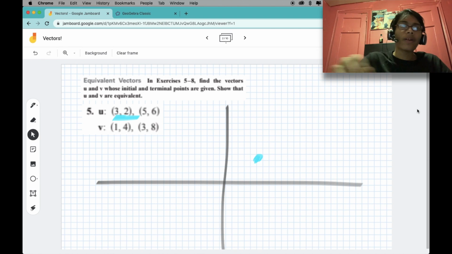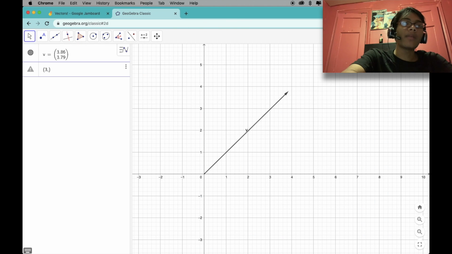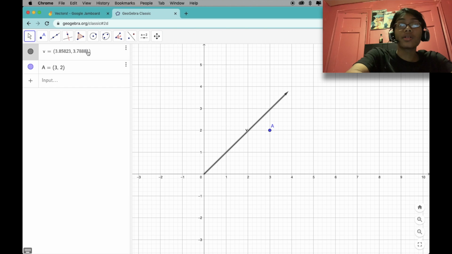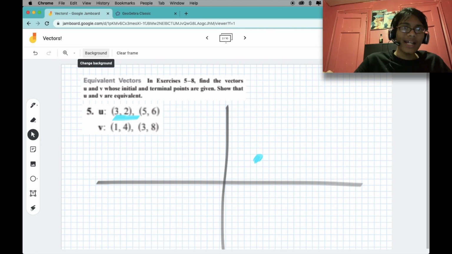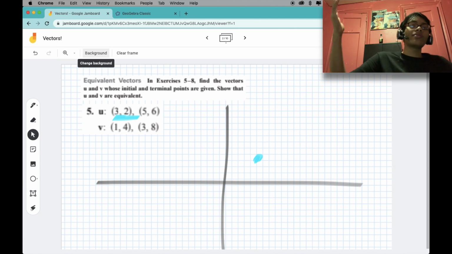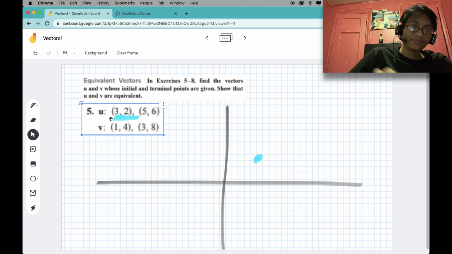If I go ahead and type in (3, 2) here, you'll see that's a point on the coordinate plane. But a point is not an arrow. So where are they getting this vector idea from if there's no arrow? Well, I'll show you where. There's actually 2 points here: we have (3, 2) and (5, 6).